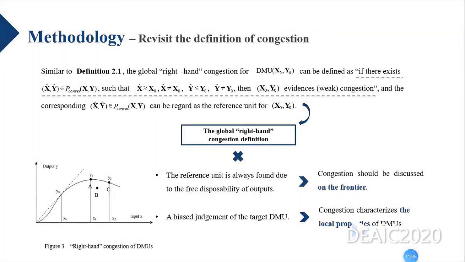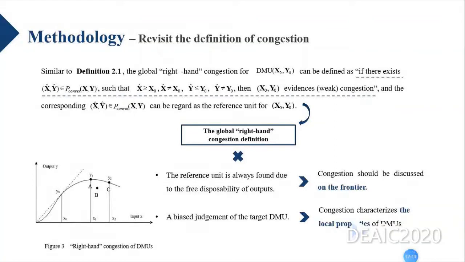It can be used as a reference unit to evidence that DMU-A is congested from the global congestion. However, it is obvious that DMU-A is not congested, but DMU-C is congested. Consequently, it is not feasible to define the right-hand congestion similar to the global left-hand congestion.